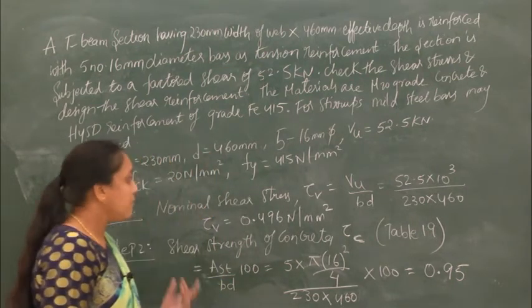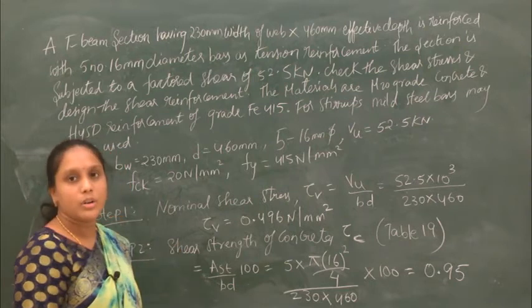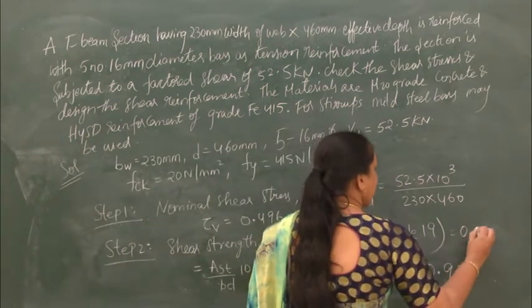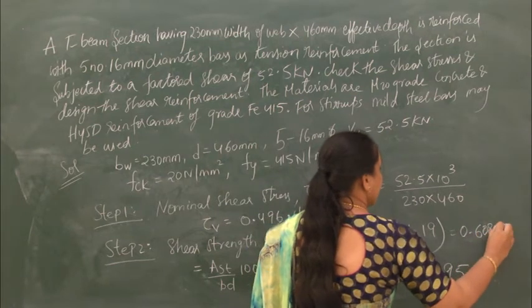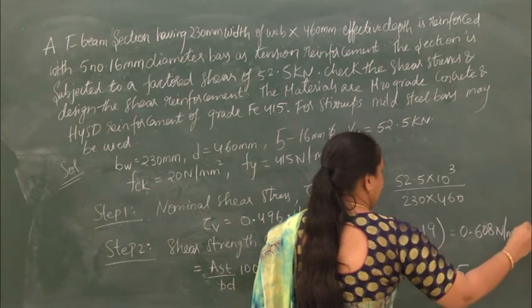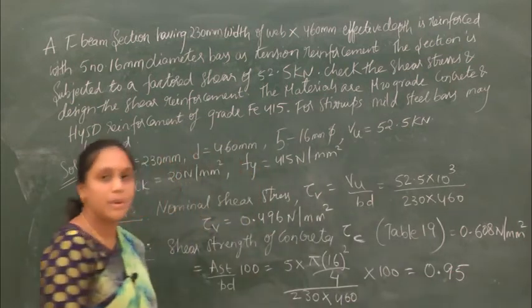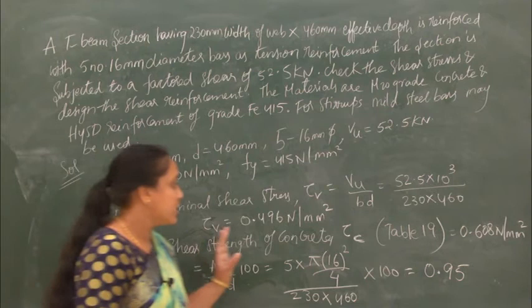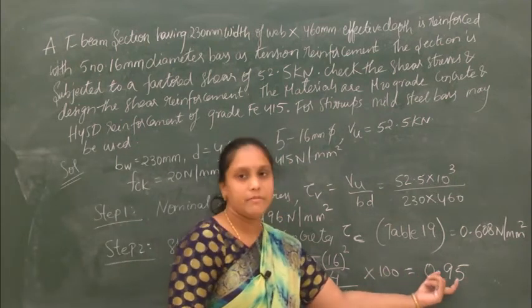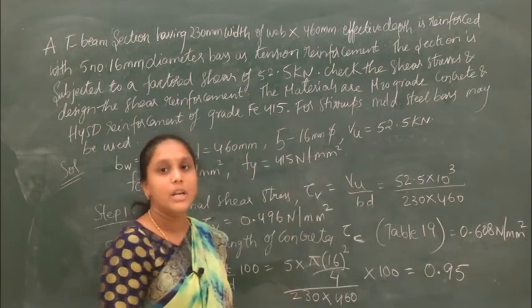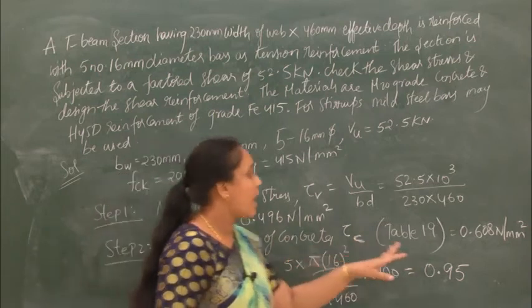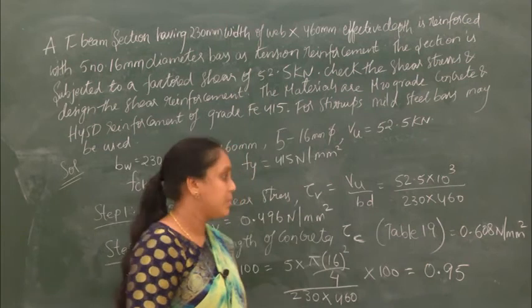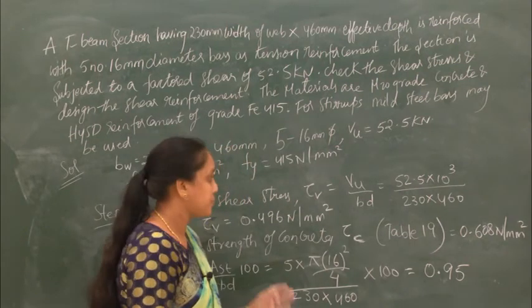So if you find out, you will get a value of tau c as 0.608 Newton per mm square. So from table 19, for this percentage of steel, that is 0.95, and for grade of concrete M20, the tau c value is 0.608 Newton per mm square.